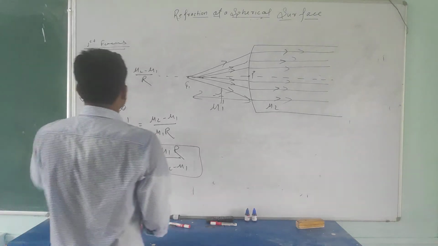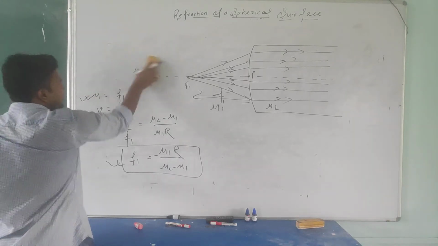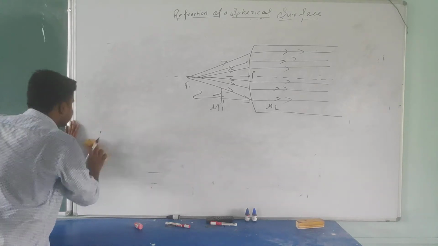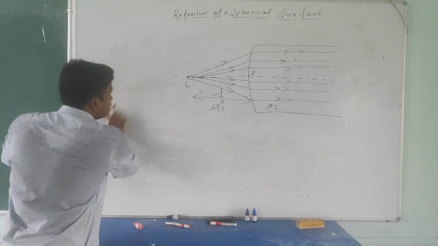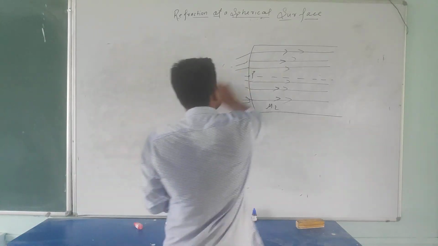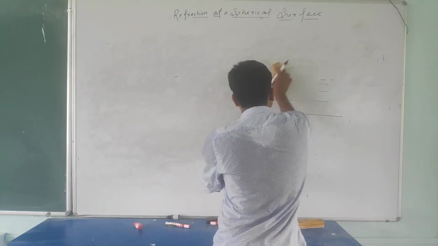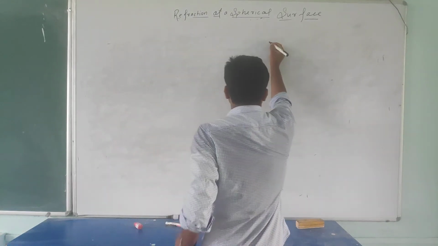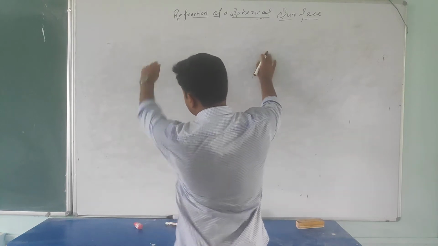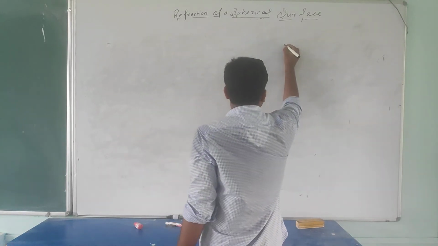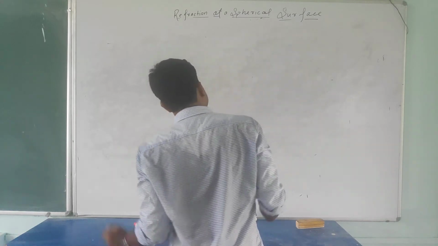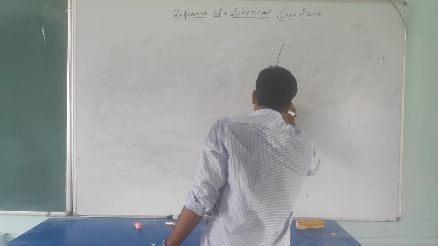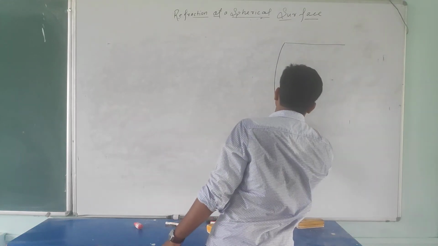Now we'll discuss the second focus. Everyone note this down. Second focus is what? I am assuming this type of surface here. If a ray is coming parallel to the principal axis, look at this, I am assuming the same case here.